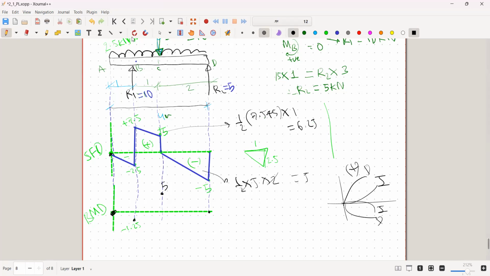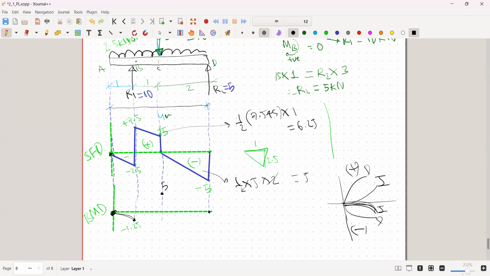So there is a positive one and a negative one. So this is negative decreasing, so a negative decreasing curve, then negative increasing. A negative increasing curve is like this. So remember this parabolic shape curve.